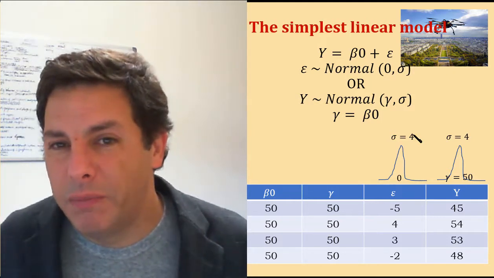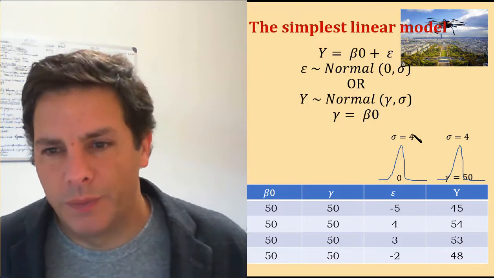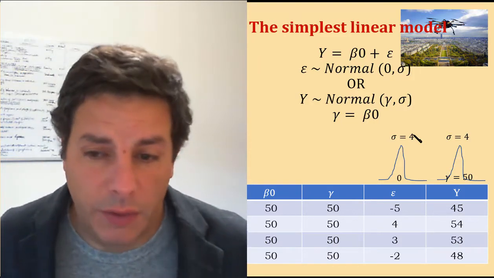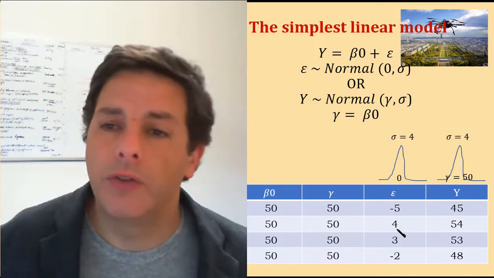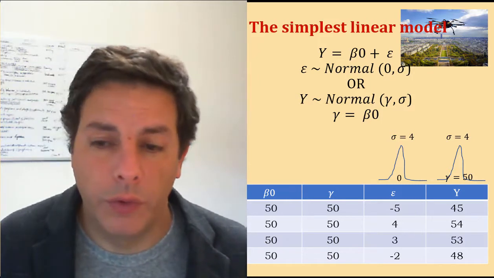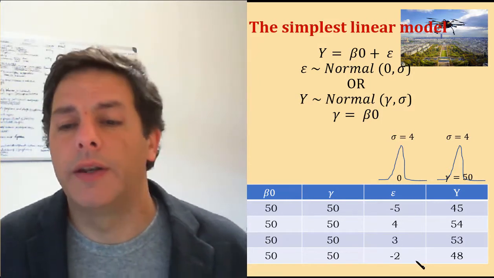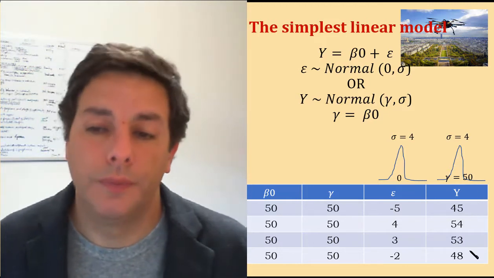Then obtaining a -100 is almost impossible. But -5 is very likely. And then in the second case, we obtain a random number from that distribution, and we obtain 4, and then 3, and then -2. And that's the way we come up with this value.